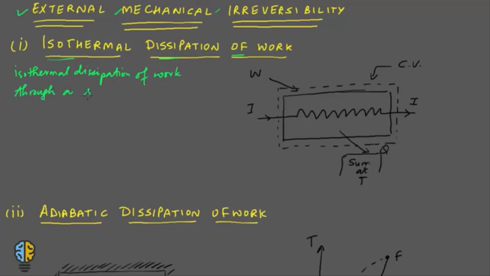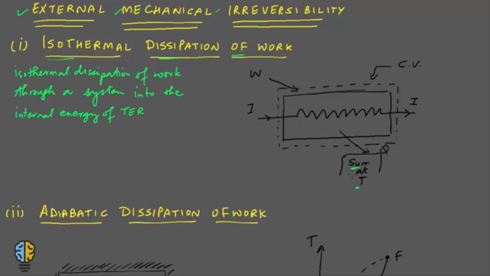So the system becomes the facilitator of the dissipation of work, where the work gets transformed into the internal energy of a reservoir, a TER, and in this case the TER is the surroundings at a temperature T.